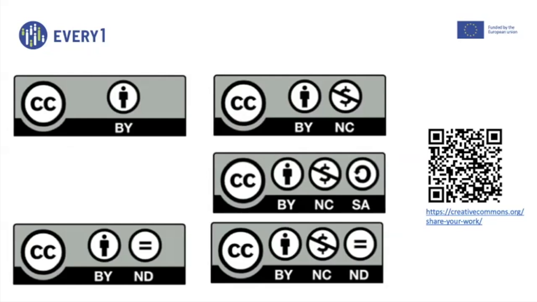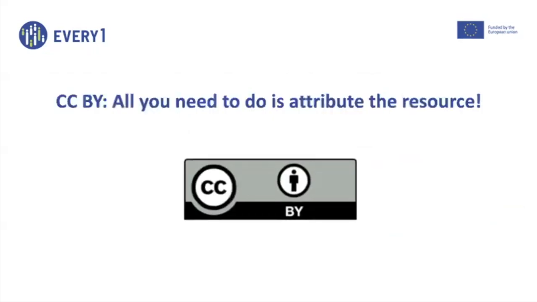So we've already covered the CC BY Share Alike license, which is the license that's been applied to our Every1 Learning Materials. We'll now walk through each of the remaining 5 Creative Commons licenses so that hopefully you have a deeper understanding of what these mean when you come across resources which have these licenses applied to them.